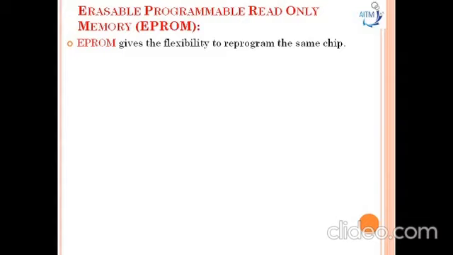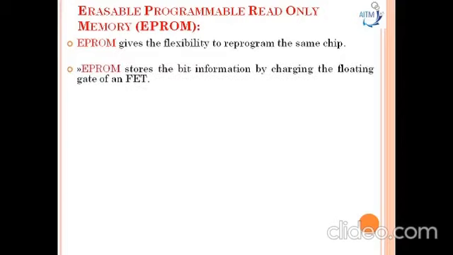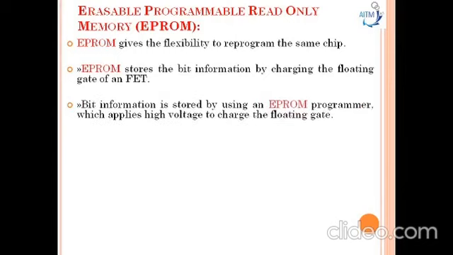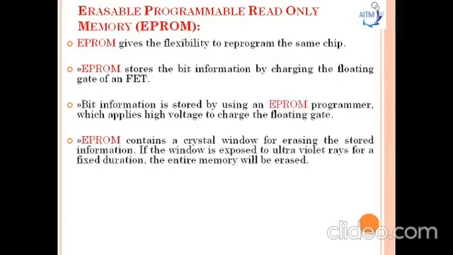But in the case of EPROM, it gives enough flexibility to reprogram the same chip as many times as needed. EPROM stores the bit information by charging the floating gate of an FET, that is a field effect transistor. Bit information is stored by using an EPROM programmer, which applies high voltage to charge the floating gate.